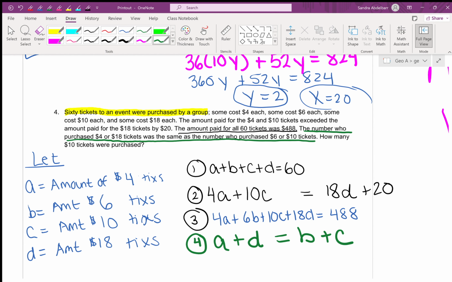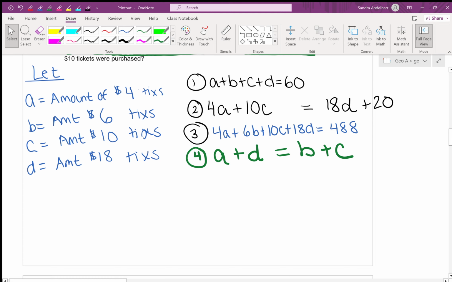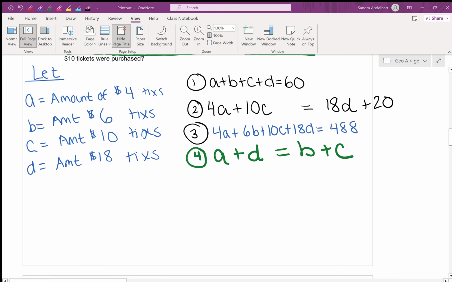In order to use a calculator, what do I have to do to all these equations? Good. Get all the variables on one side. We sort of set it up to plug it into a matrix. Okay, so we're going to have A plus B plus C plus D equals 60. We're good there. Then we're going to have 4A. All right, what do you think I'm going to plug in when there's no variable? 0.